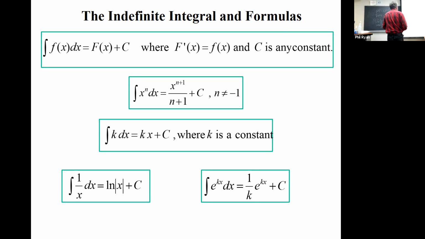But we're saved because we do know what gives us a derivative of 1 on x, and that's ln of x. We know that the derivative of ln of x is 1 on x. So that means the integral of 1 on x is ln of x plus our c.